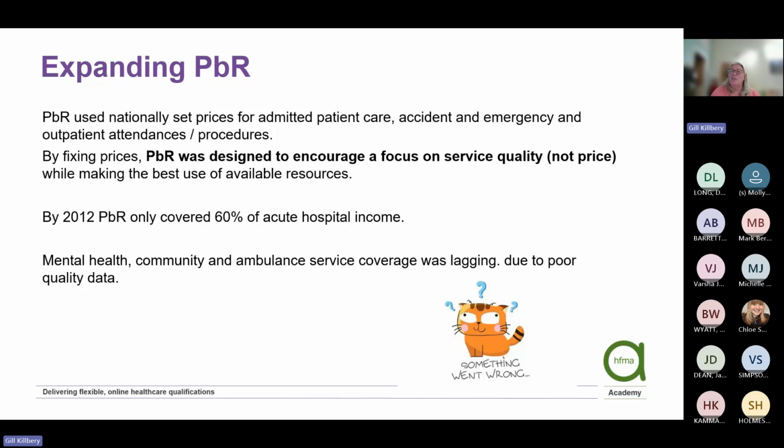It was written in a huge variety of formats and not consistently maintained. If there were 200 trusts providing community or mental health services, then there would be 200 different ways of recording it. Not easy to be able to collect that into a national data set that everybody was going to actually complete properly.